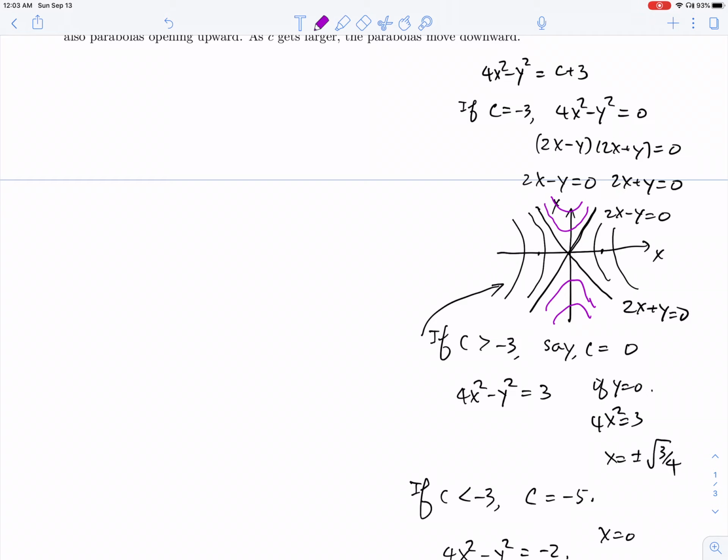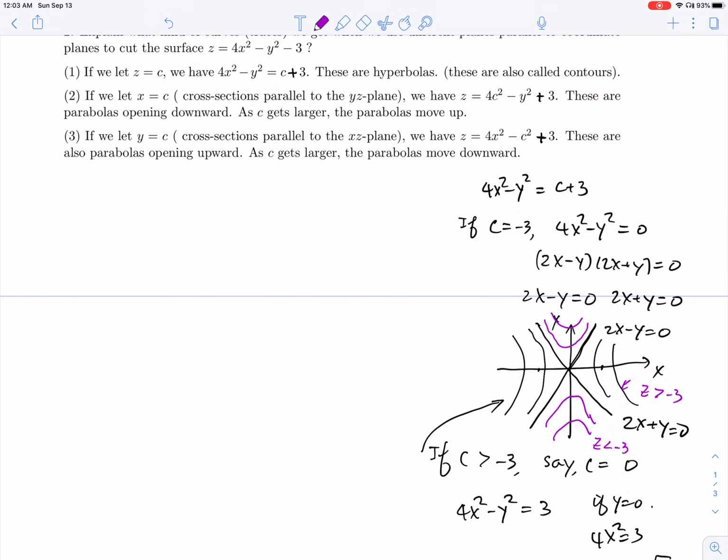And now let's try to see if we can actually graph the surface using these contours. These c's over here are negative, so these are z less than negative 3. And this one over here, z is bigger than negative 3. Okay, so let's give it a try.